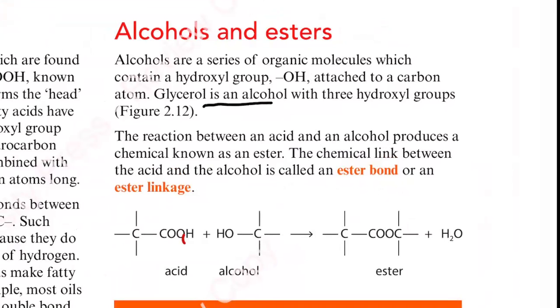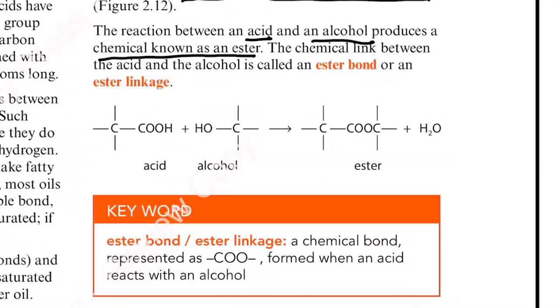Glycerol is an alcohol with three hydroxyl groups. The reaction between an acid जो कि fatty acid है and an alcohol जो कि वहाँ पे glycerol है produces a chemical known as an ester, and the linkage between an acid and the alcohol is known as an ester bond. Okay? And you can represent the reaction very simply like this.